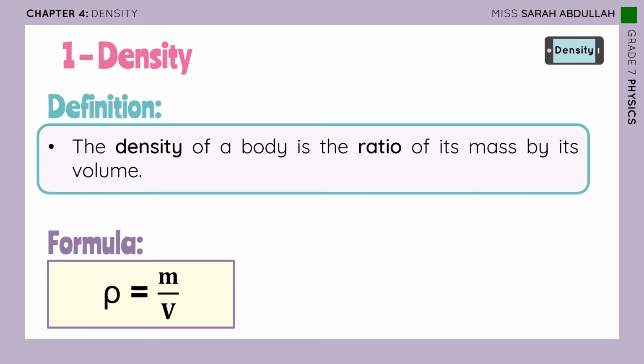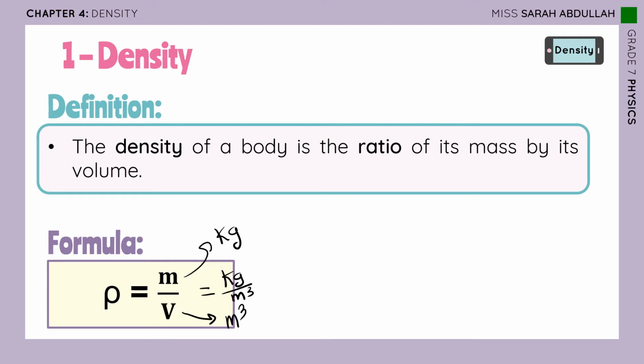Guys, let's see what is the SI unit of the density. So you guys remember what is the SI unit of the mass? It was kilograms. And the SI unit of the volume, it was cubic meter or meter cube. So basically I have kilograms over meter cube.